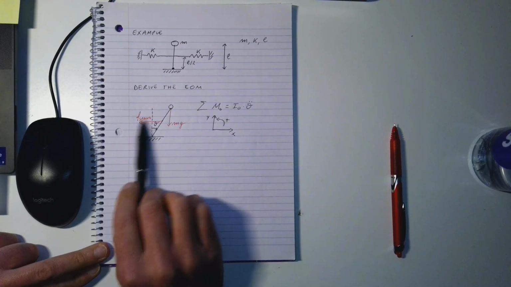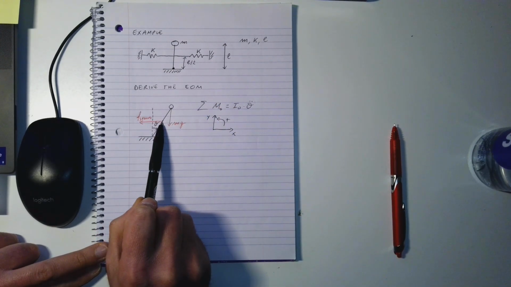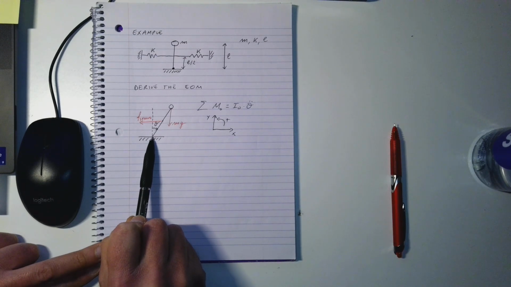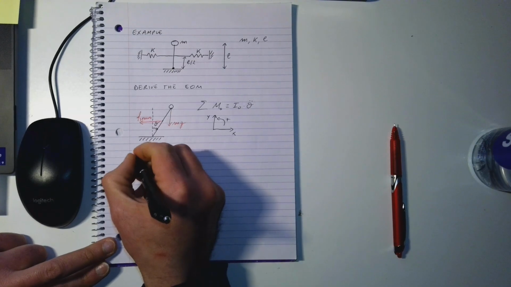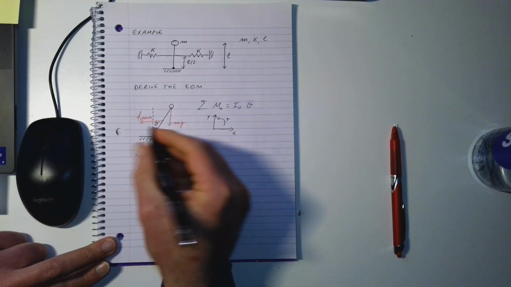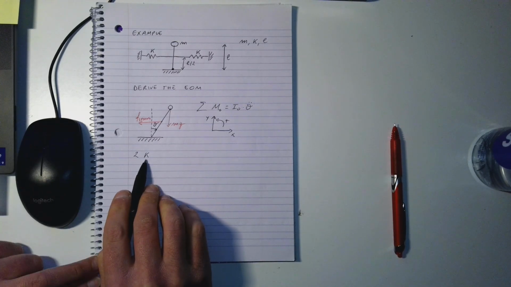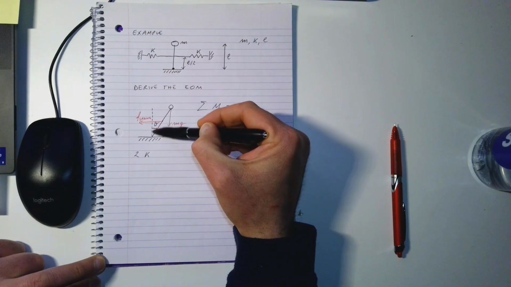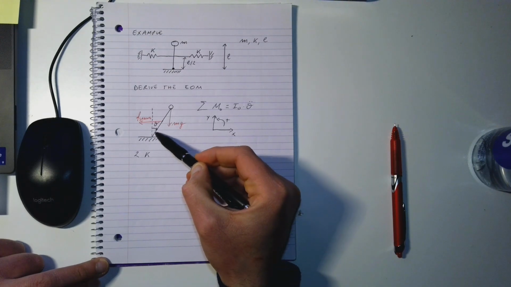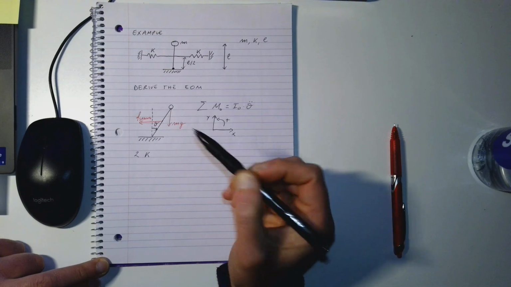So let's start with the springs. Basically we have to calculate the moment of this force with respect to this point here, right? We multiply by 2 because again we have two springs. So we have 2 times k, which is the elastic constant of the spring, and then basically we have to look at this distance here. This distance is nothing but L over 2 multiplied by the sine of theta.